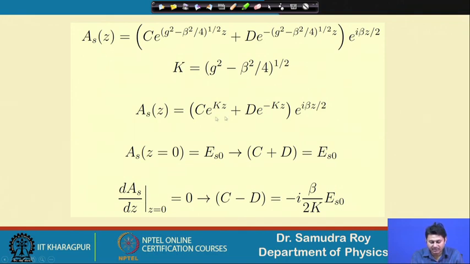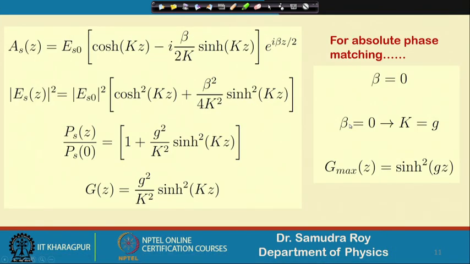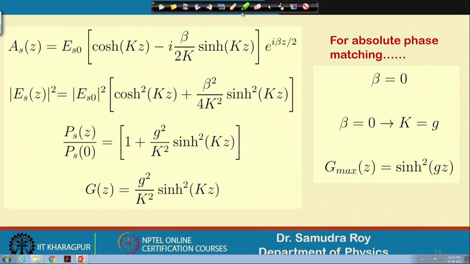So, I will put this here, and after putting that, if I manipulate slightly, then these two equations, the A_s becomes this. So, this is the solution of the signal under 4-wave mixing. This is the solution of signal under 4-wave mixing. So, we have a cosh kz term plus i beta over k sinh kz term, and then e to the power i beta z by 2.